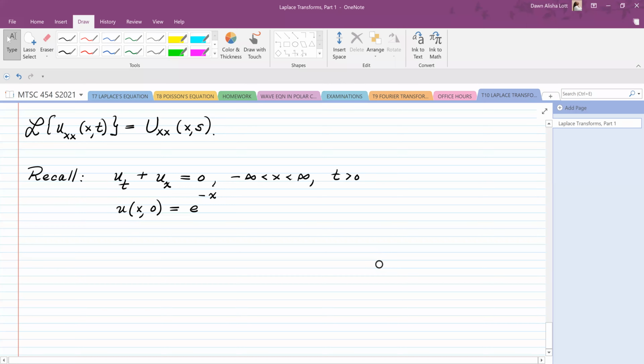So we had the partial of u with respect to t plus the partial of u with respect to x times dx/dt equals 0. So here's the partial of u with respect to t, and here is the partial of u with respect to x.